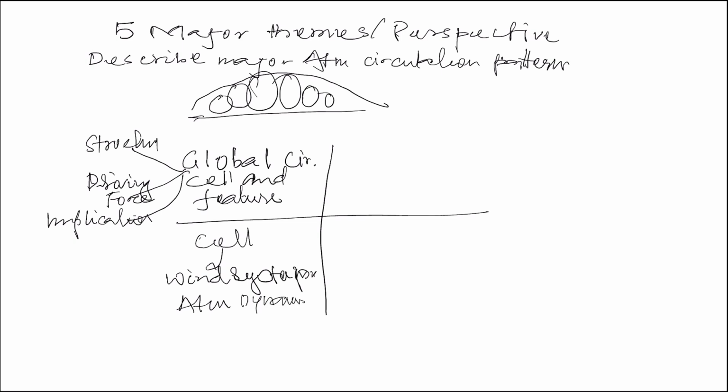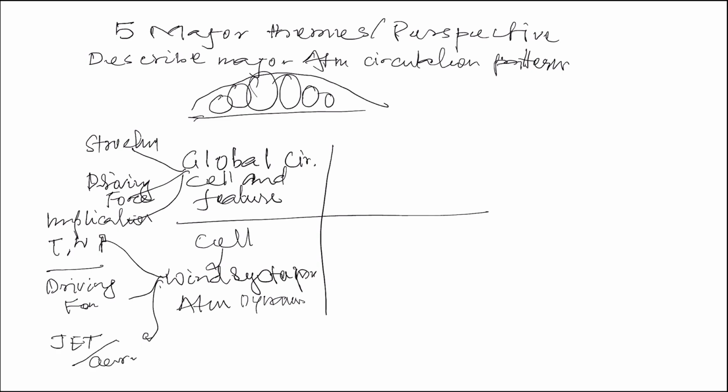There we can see their features related to the trade winds, westerlies, polar easterlies, and their driving forces, and then some miscellaneous principles associated with them, like the jet stream, the Coriolis force and the related movement of the air. That way we can make a second attempt.